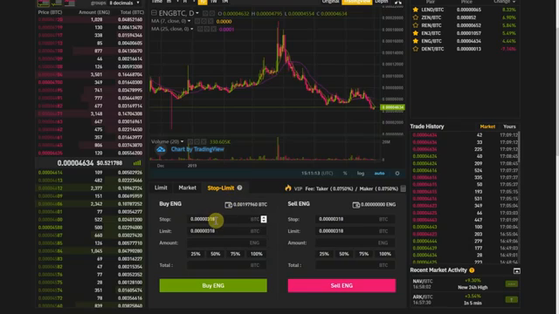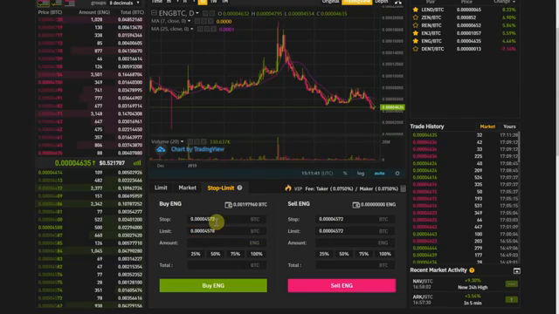Once the price reaches, let's say, let's pick something going down. So once the price reaches 4572, I want to buy coins until 578.